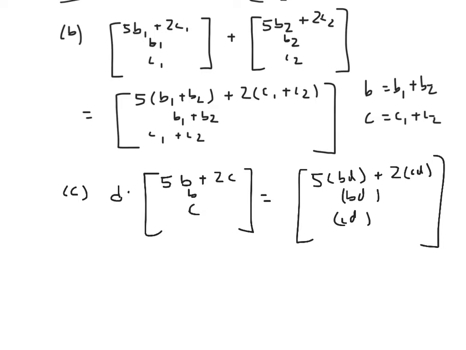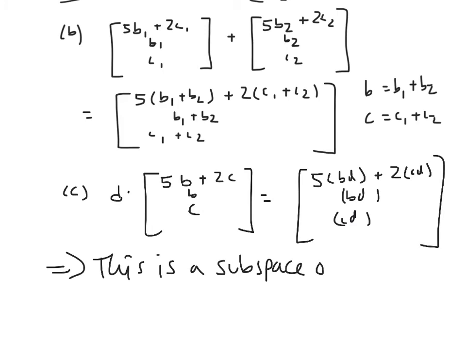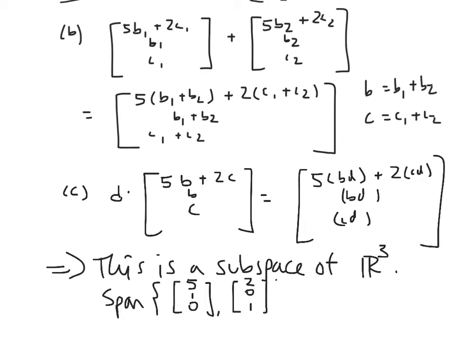And so this tells me that this is a subspace of R3. In fact, you know this subspace well. It's actually equal to the span of two vectors, the vector (5, 1, 0) and the vector (2, 0, 1). That's another indication that it was a subspace. It's the span of two vectors.